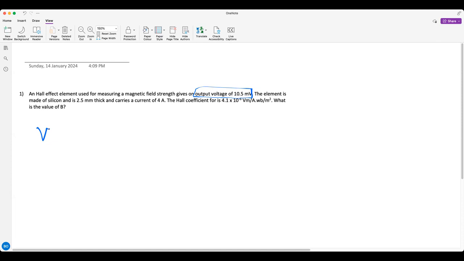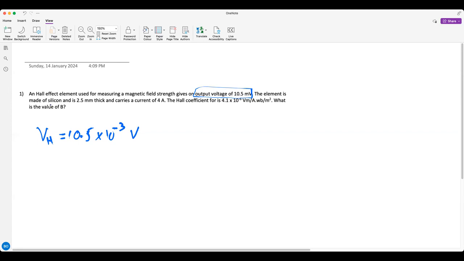The output voltage of a Hall element is the potential difference that is measured between the two sides of the Hall material, semiconductor or conductor. So the Hall voltage is 10.5 times 10 to the negative 3 volts.